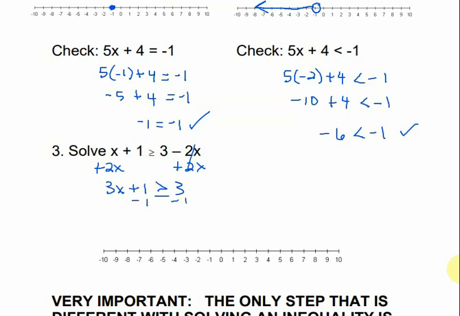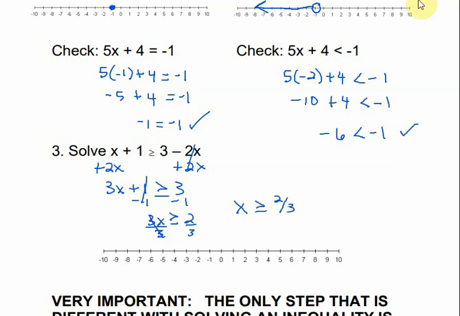Subtract 1. And that's 3x is greater than or equal to 2, and then I divide by 3. So I get that x is greater than or equal to 2/3.